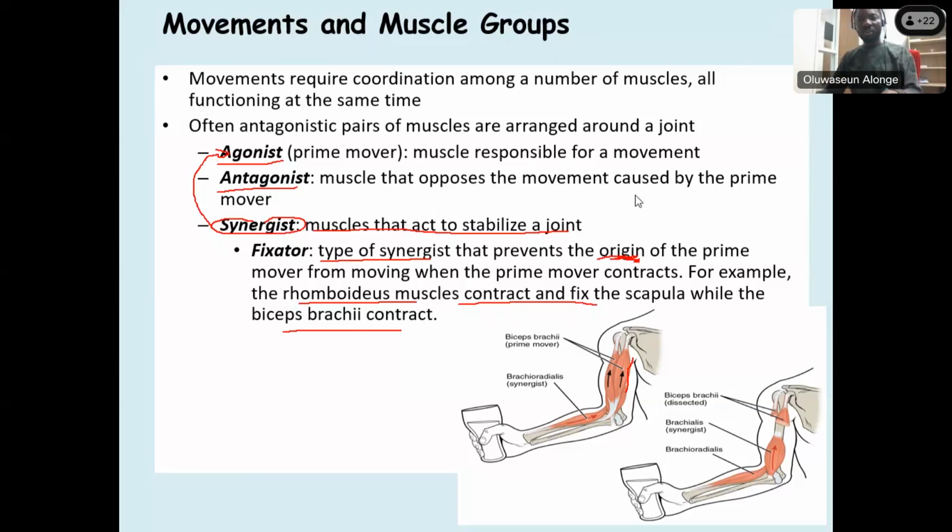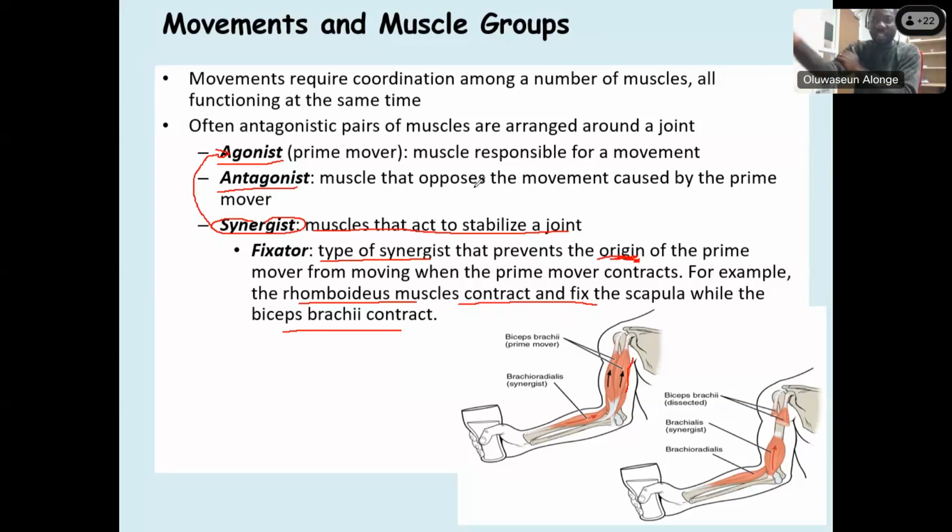Now, when you look at this, for instance, you will say that biceps are agonists. That does not mean that biceps are always the agonist. It depends on the function that is being performed. When you are flexing, the muscle responsible for flexion is the agonist. However, when you are extending, the bicep is not the one contracting.